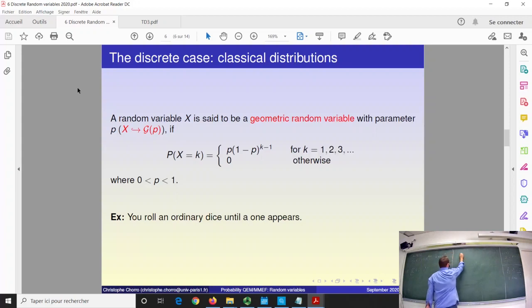I obtain that the sum from k equal to 0 to n of k x to the power k minus 1 is equal to, and I am happy to have this because I have the k and the power k minus 1, so I have almost everything. It's equal to what? By the derivative of a ratio, u prime v minus u v prime over v squared.